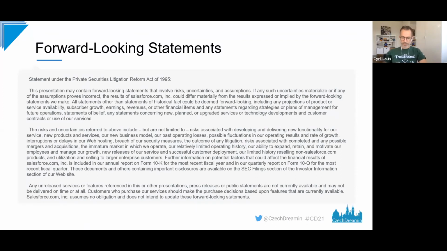So first of all, I would like to share with you this forward-looking statement. You may have seen this slide before. Because Salesforce is a publicly traded company, I would like to make sure that you base your buying decision only on what is currently available on the platform. And I'm sure it's clear.